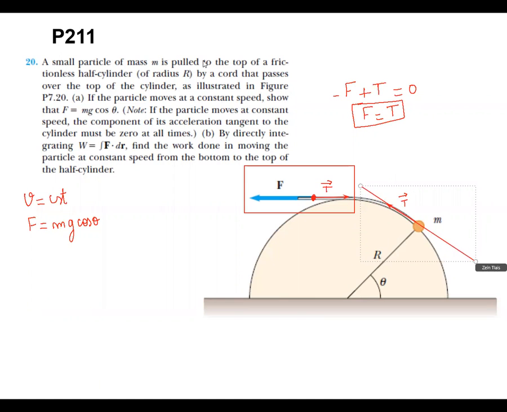Here we have T, we have the weight like this, and because the object is on the cylinder, the reaction must be perpendicular to the trajectory. Here we have N, and we have T.